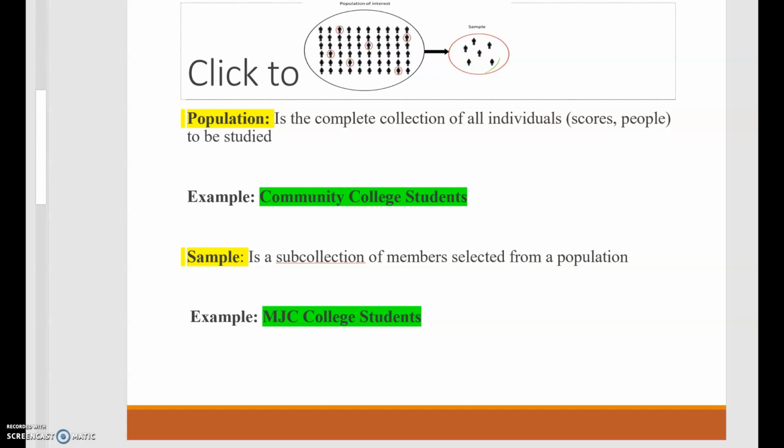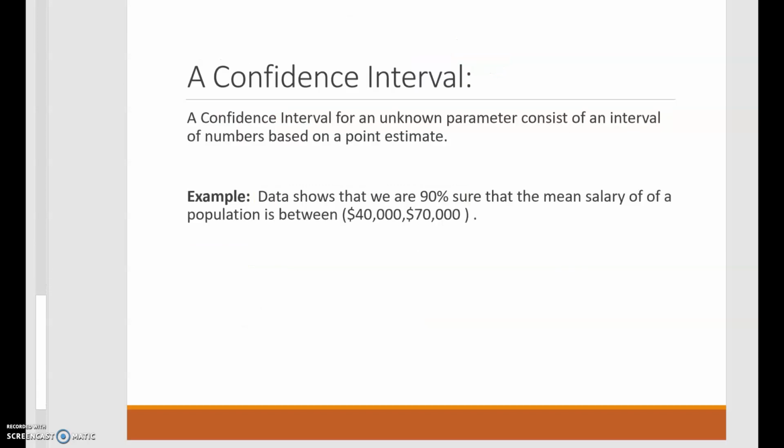So for example, let me go back to where we're at. In this case, based on data that was collected, and there's a little bit of probability involved, we're able to determine, if it says 90%, we have about a 10% error, that the mean salary for some population is between these two values.